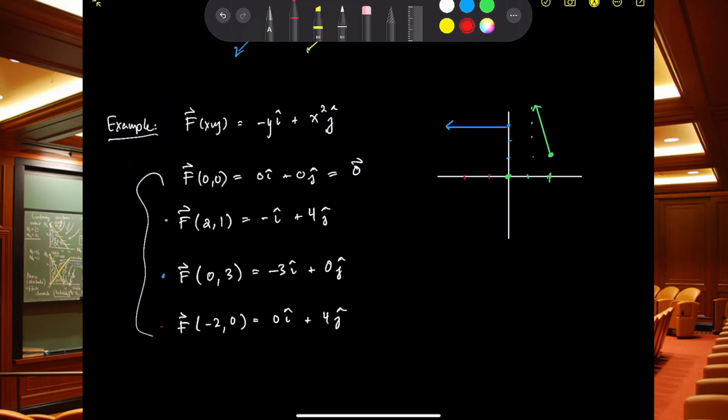So nothing in the x direction, positive 4 in the y direction. So something like this. Obviously with a few more points, we could get a better sense of what's happening. But you've got to think, if I'm a particle here, this is the force acting on me here. If I'm a particle here, this is the force acting on me here.